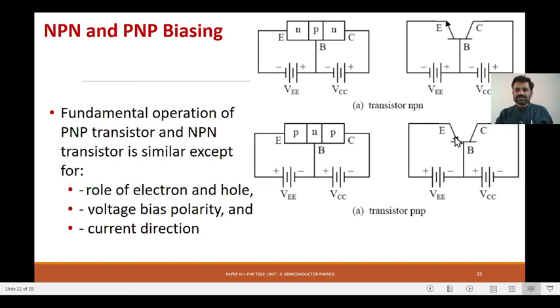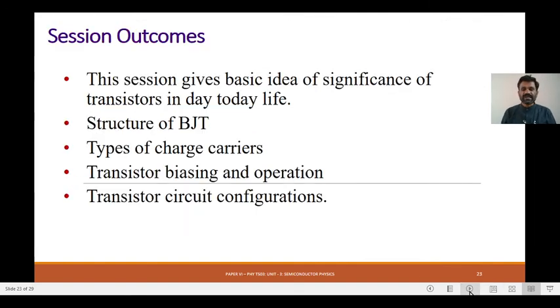Here there is an emitter, base and collector, and there is an emitter, base, collector. Only the polarity of the biasing will get reversed, and also the direction of current flow. Except for this, all operation of PNP and NPN transistors is the same.